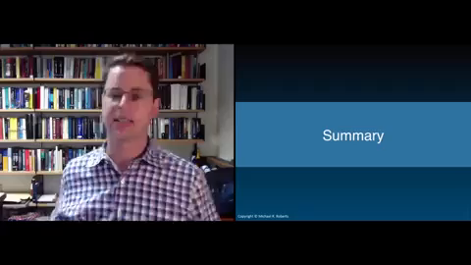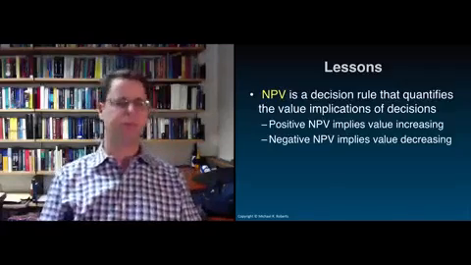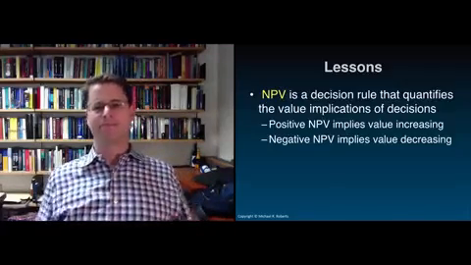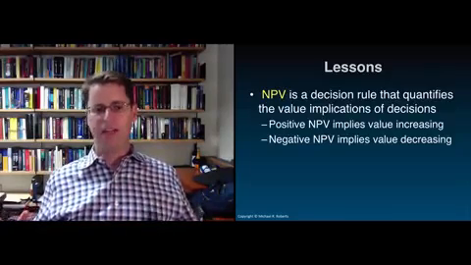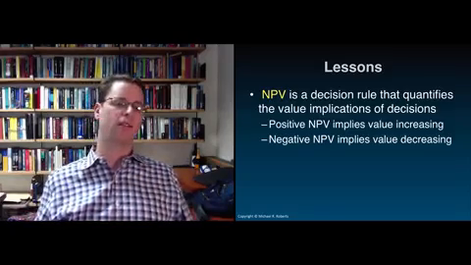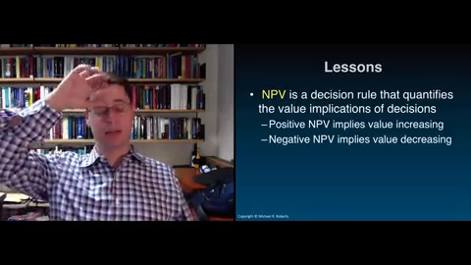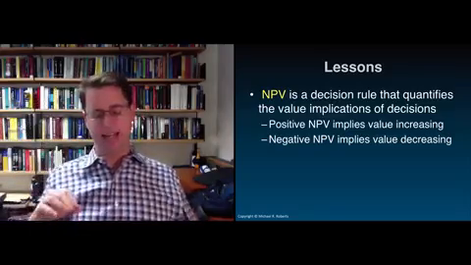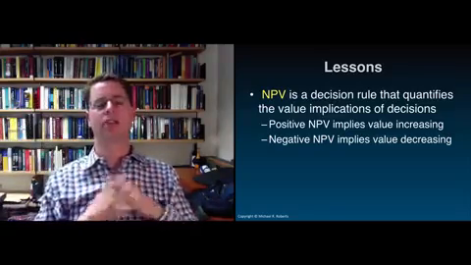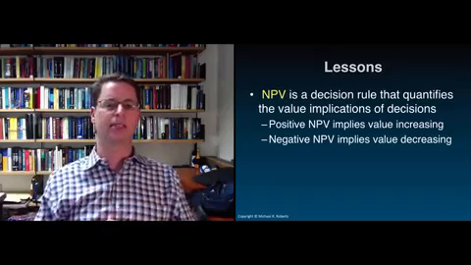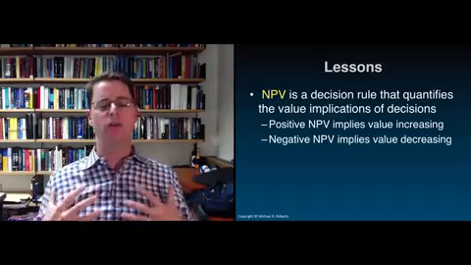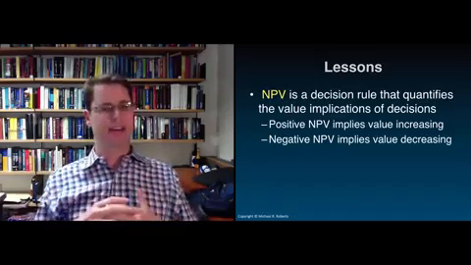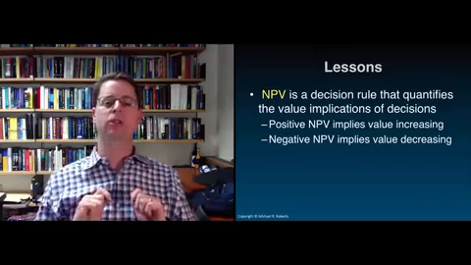All right, so let's summarize this now. NPV is a decision rule that's going to quantify the value implications of decisions. That's what we learned last time. And there's two key components to it, right? There's free cash flows and discount rates. This lecture was all about how do we put some meat behind that FCF term? How do we actually compute it?